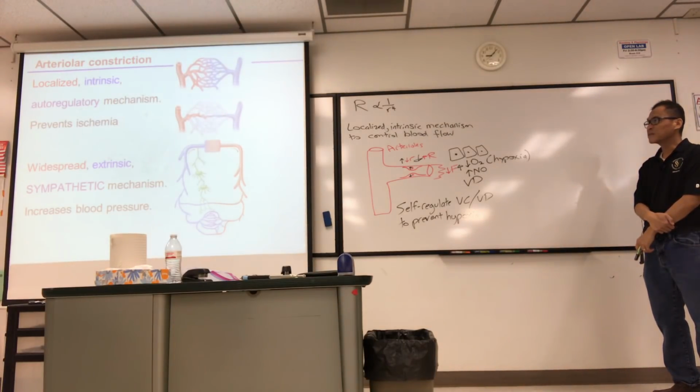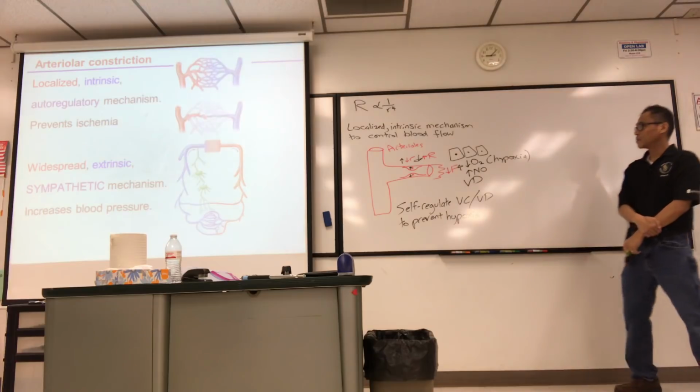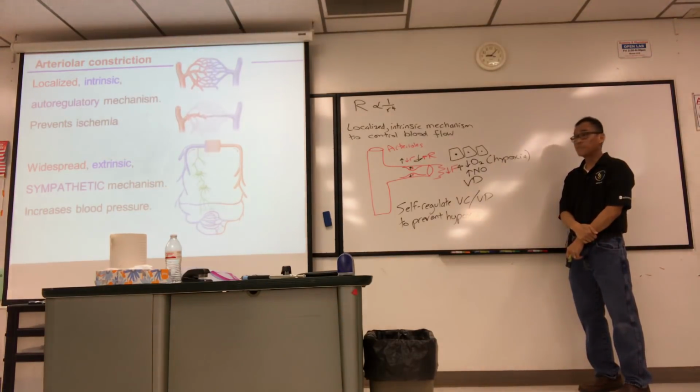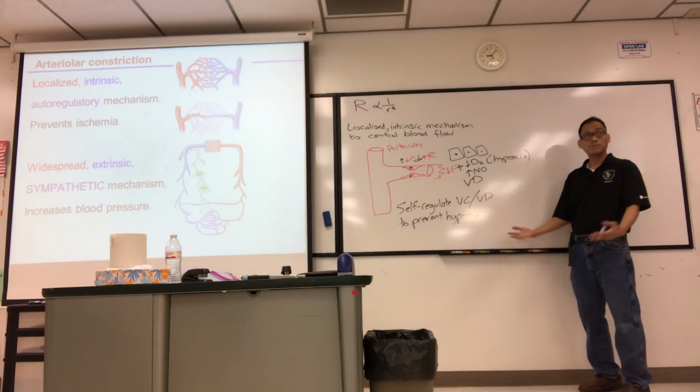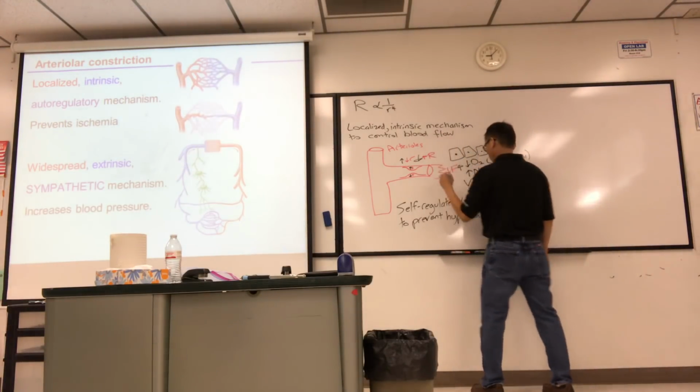I say hypoxia, but it's a different way of saying ischemia. To be technical, hypoxia is a lack of oxygen. Ischemia is a lack of blood flow. And a lack of blood flow is the same thing as a lack of oxygen, because that's what the blood brings.